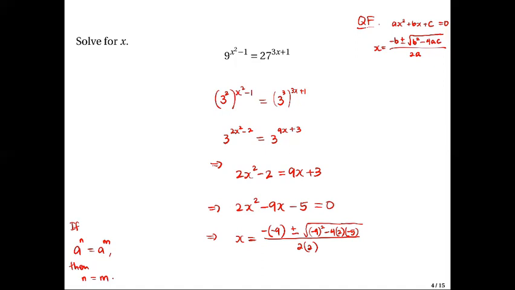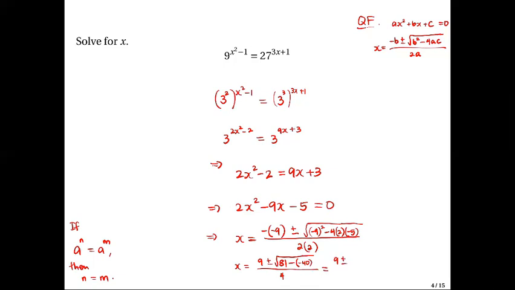So in here, you will have x equals 9 plus or minus the square root of 81 plus, we have 4 times 2 times 5, that's 40. So it becomes plus. And then here you have all over 4.